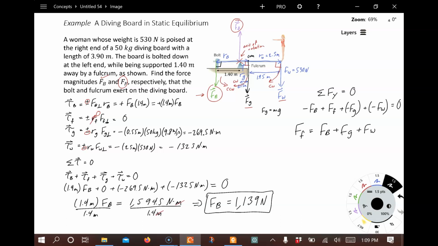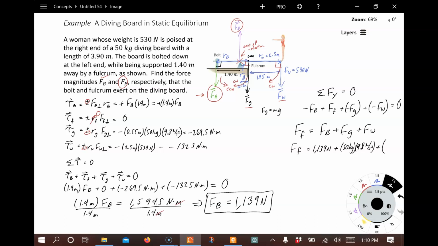So there we go. And finally, let's put in some values here. The force of the bolt, that is what we just figured out, 1,139 newtons. The weight of the board, M times G, 50 kilograms times 9.8 meters per second squared.